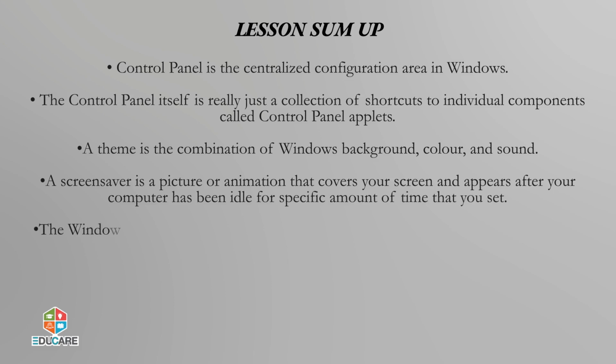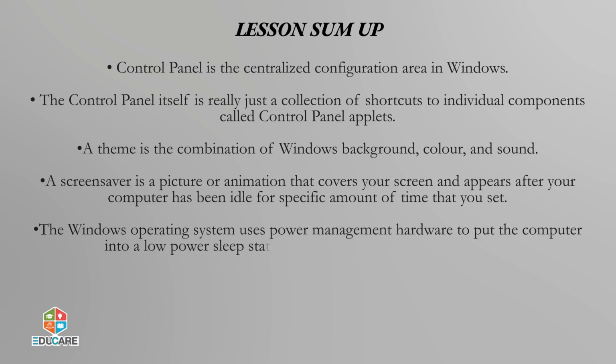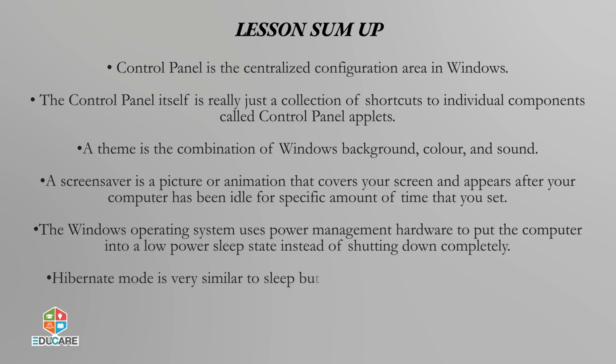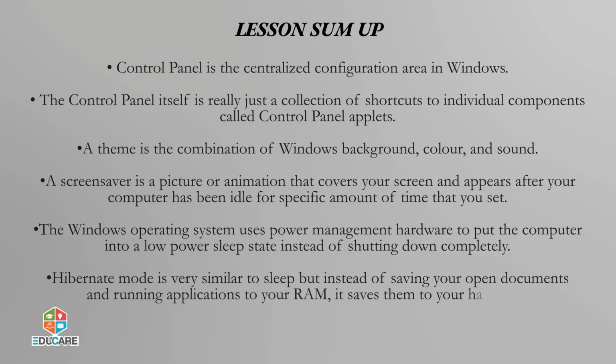The Windows operating system uses power management hardware to put the computer into a low-power sleep state instead of shutting down completely. Hibernate mode is very similar to sleep, but instead of saving your open documents and running applications to your RAM, it saves them to your hard disk.